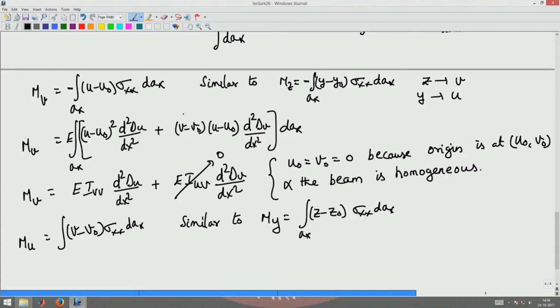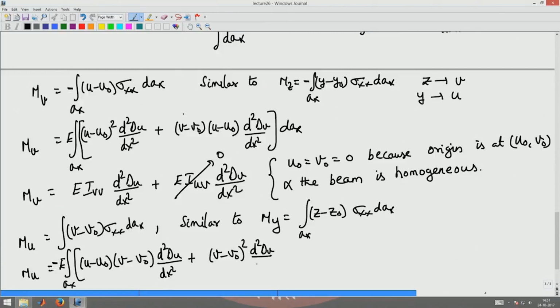Now, if I substitute for sigma xx, I will get Mu moment as integral E, again I assume the beam is homogeneous, u minus u naught into v minus v naught d square delta u by dx square plus v minus v naught whole square d square delta v by dx square dAx.